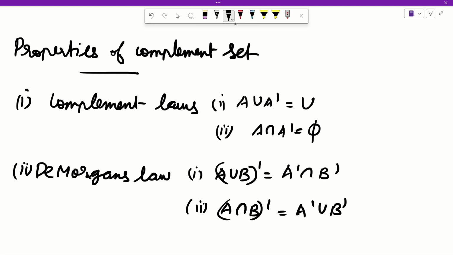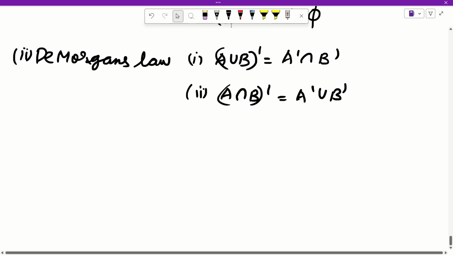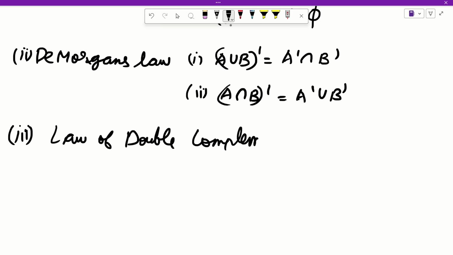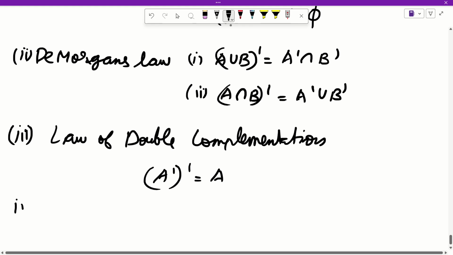Okay. The third one is the law of double complementation: A dash the whole dash is equal to A. The fourth one is the law of empty set and universal set.